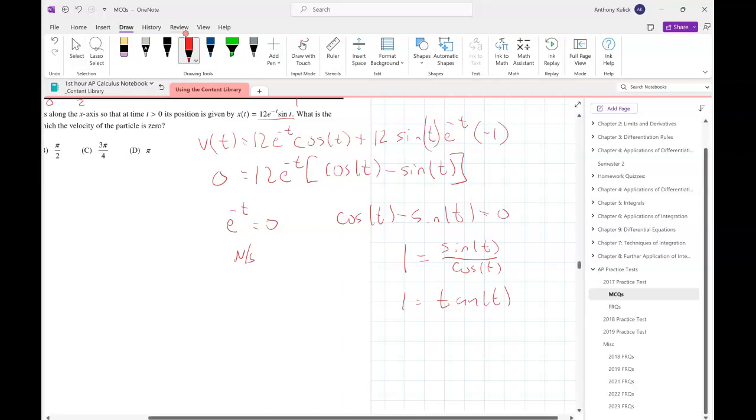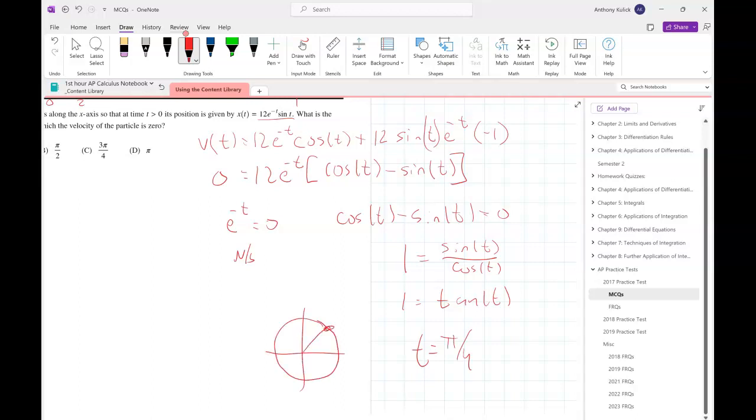Because it's the place where you have the 45, 45, 90 triangle where sine and cosine are equal. Or if you think about the unit circle, it's got to be that spot right there where x and y are the same, which is the 45, 45, 90 triangle position. That's pi over 4, 45 degrees.